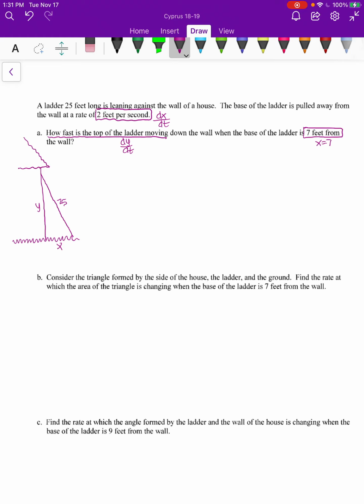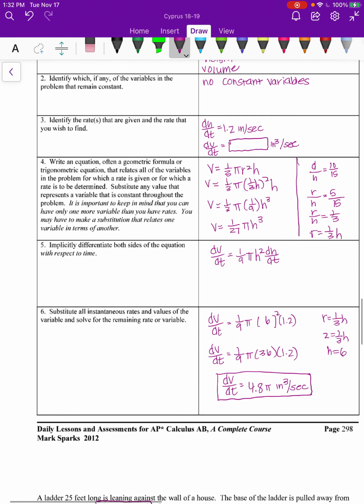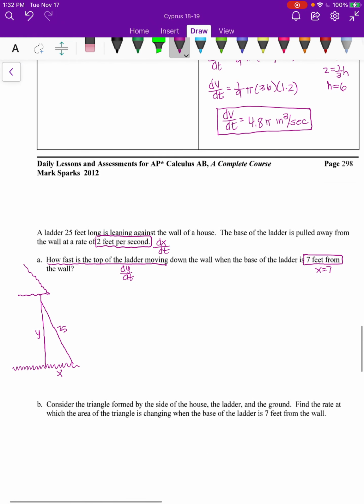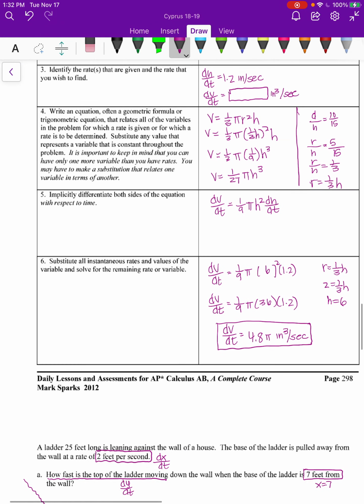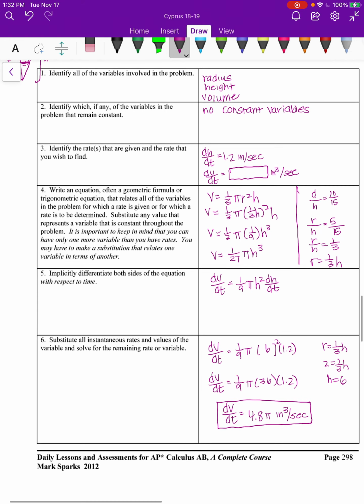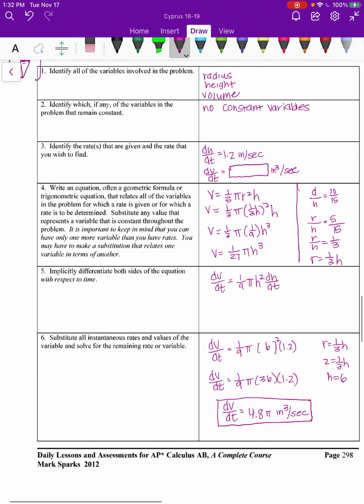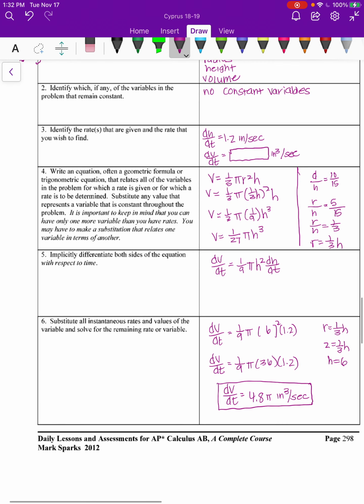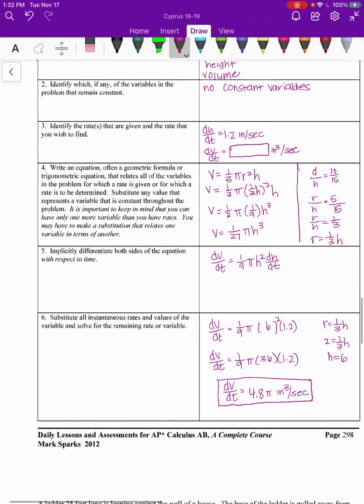And that's what's changing when the ladder is sliding down the wall. So if I'm following this graphic organizer, all the variables we have, we've already identified x and y. Those are the variables that we're talking about here. Which of the variables are constant? None of them in this problem are.